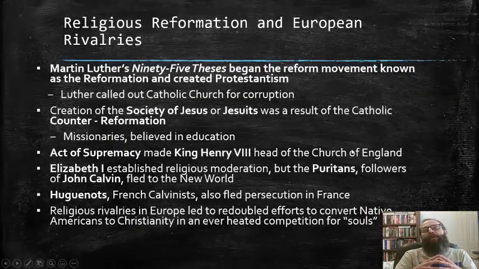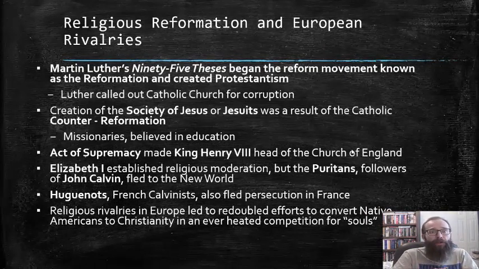When we talk about European motivation for the colonization and conquest of the Americas, we have to talk about the religious situation in Europe, particularly in the 16th century, just as colonization and conquest was really getting heated up. This all stemmed initially from Martin Luther and his 95 Theses, which began the reform movement known as the Reformation and created Protestantism.